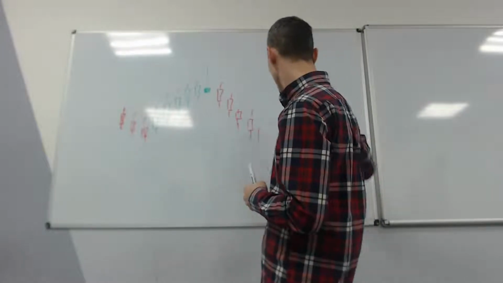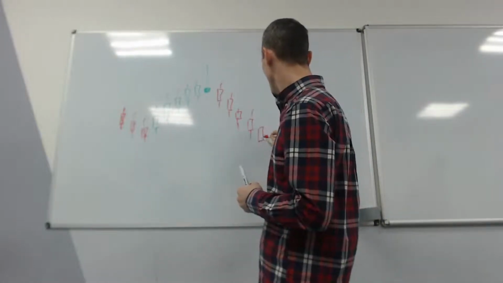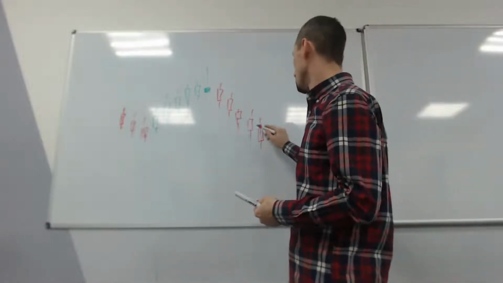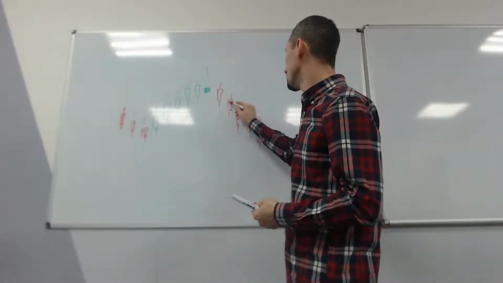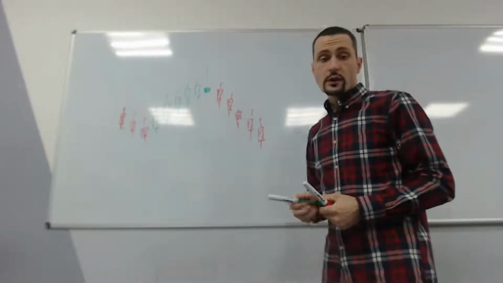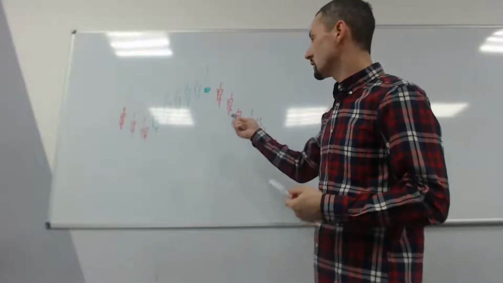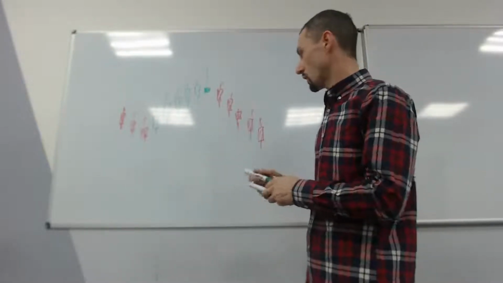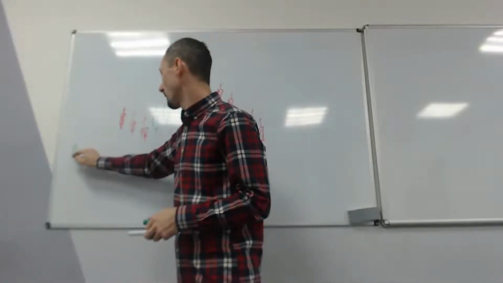Well, whatever. I will draw it because it's better for counting, to explain to you how the moving average is counted. So what do we have here? We don't understand what the trend is here. We don't know. Let's try to make it like that.